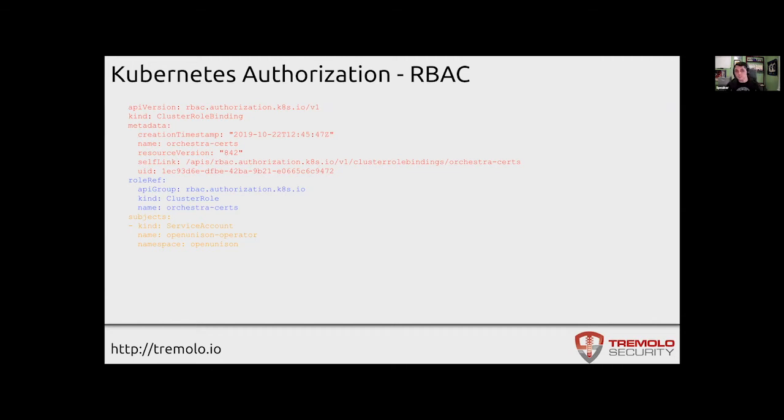Additionally, you can't search and say who has access based on what RBAC bindings this user has. You have to enumerate every single binding and figure out which one they're a member of. That can get messy kind of quick. When you want to deprovision someone, we always talk about onboarding. What about offboarding, right?